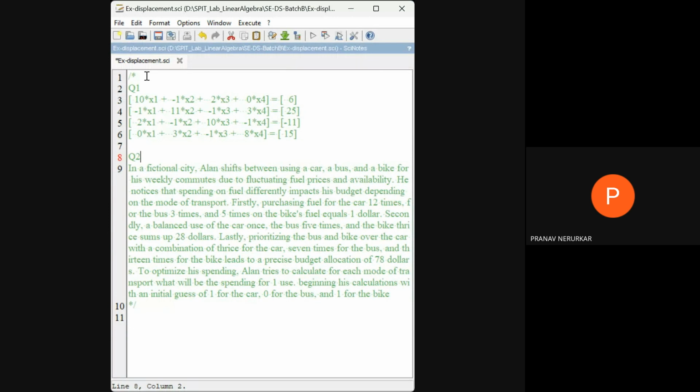The second format is the case study format. In this format, you will be given a question in the form of a person buying one of three fruits, apple, orange, and mango, and incurring some price.